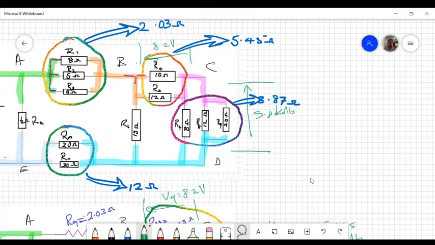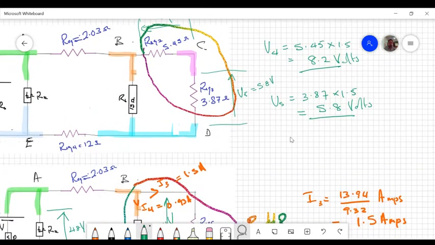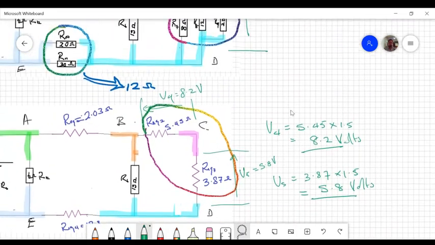Now, since the voltage across parallel branches are the same, I can use that voltage to find the current in each of these resistors. So I'm going to start with this one. What was the last name current I used? I4 and I5, so I'll go with I6 and I7.